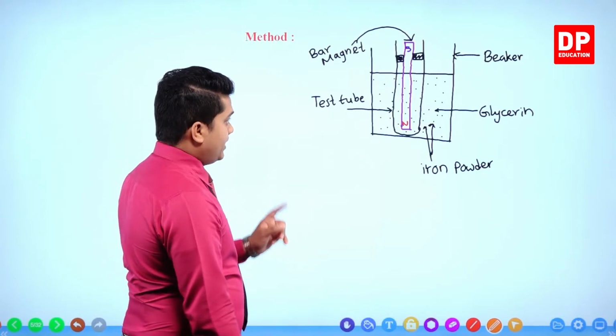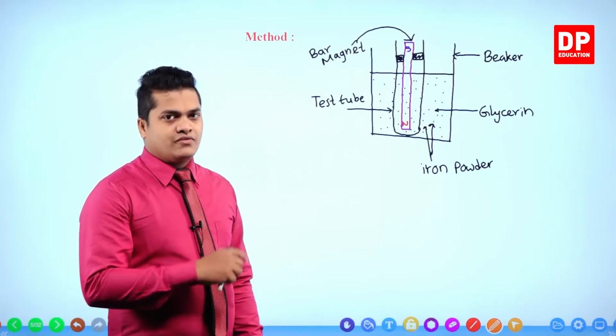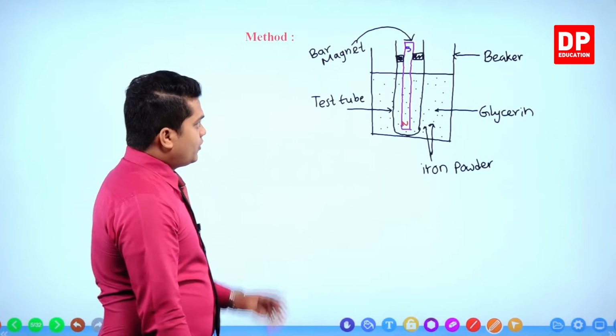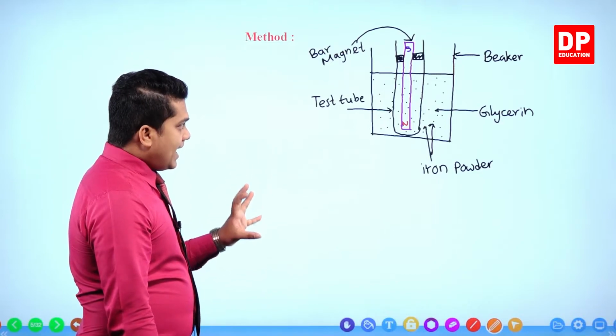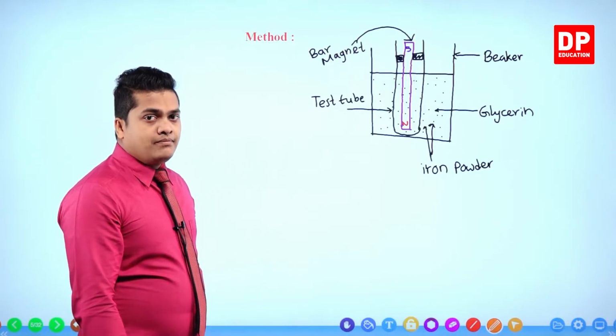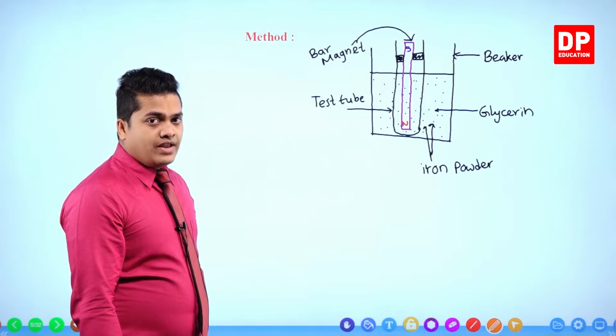But before that I'll write down the steps of doing this experiment. So how to do the experiment, my dear children? It's really simple. We have to add glycerine to the beaker and mix iron powder in it very well.